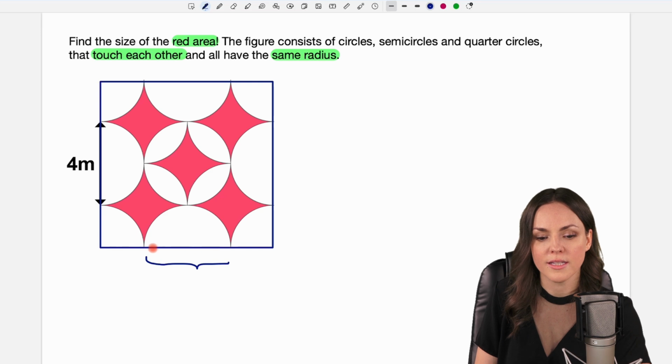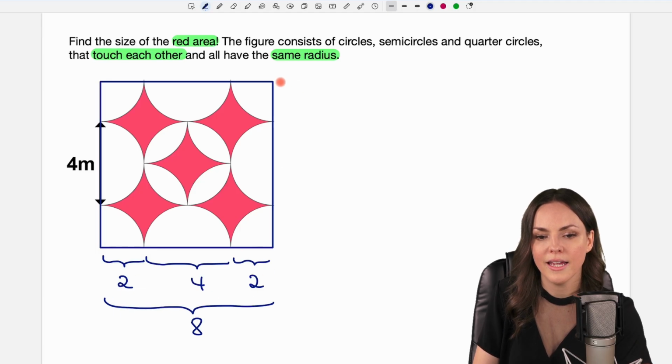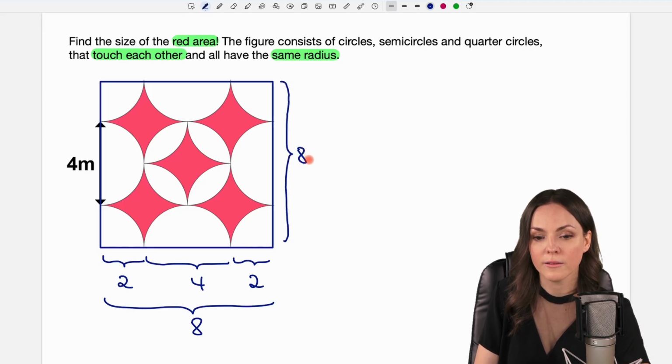We start with the diameter, which was given by 4, and then the radius of the quarter circle equals half of the diameter, so it is 2, and the same on the other side. So in total, we get a length of 8 here, and the same on this side as well.